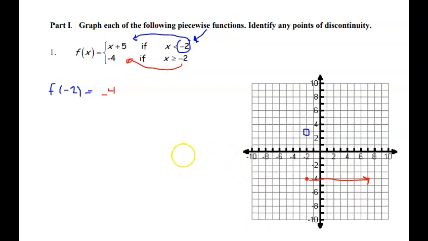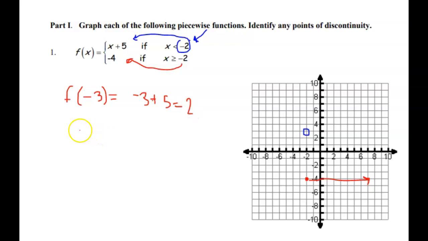Now, if I want to go to the left side of the graph, that is the x plus 5. I need to get another point. I can just plug in a point on the left side of the graph, values that are less than -2. So here we go. Let me plug in a -3. If I find f of -3, I know f of -3 is equal to -3 plus 5, or that is 2.